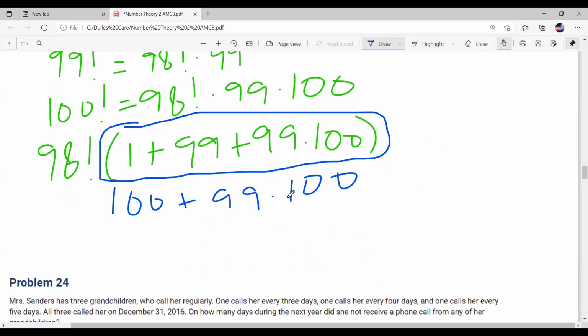That gives us 100 squared. This 100 squared we can rewrite as 2 to the 4th times 5 to the 4th. So we know that 5 to the 4th is the biggest power of 5 that divides this expression.